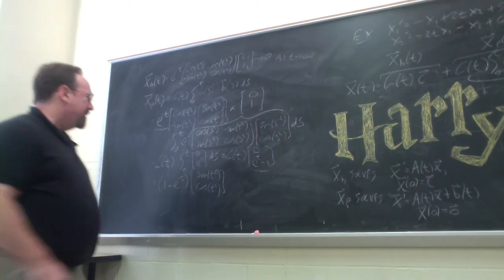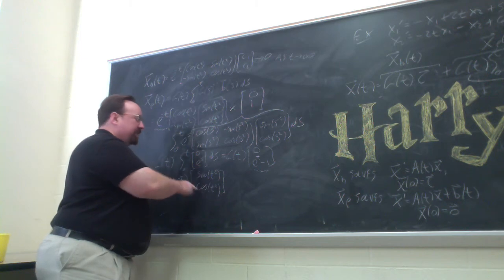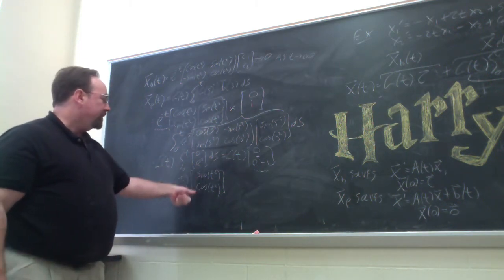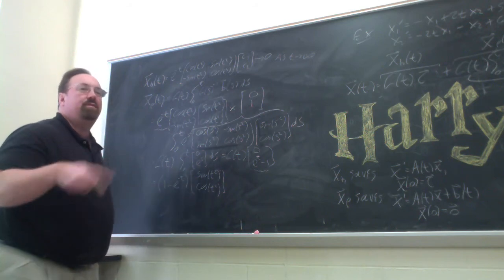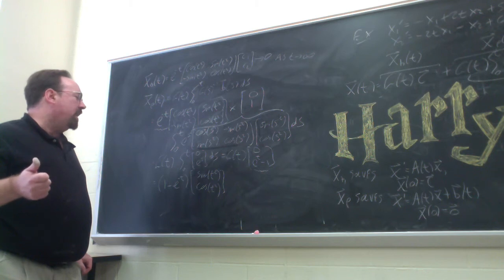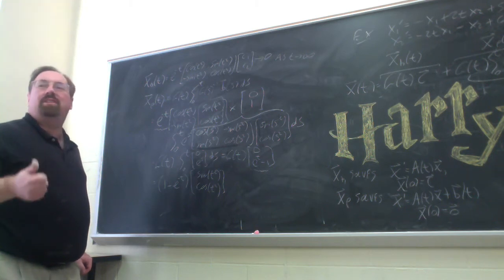Okay. Now, if we just look at this part, we'll see the behavior again as t goes to infinity. So here, what's happening to this as t marches forward? If the x coordinate is a sine and the y coordinate is a corresponding cosine, how's that going to behave?